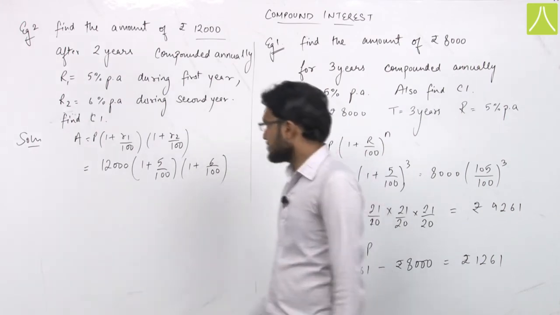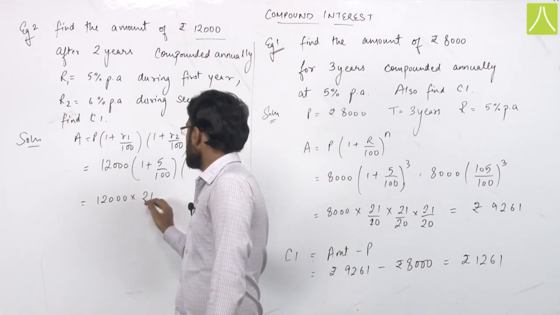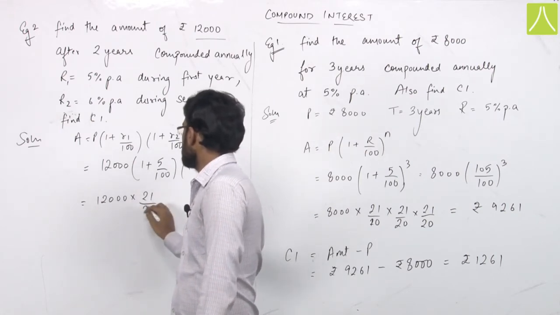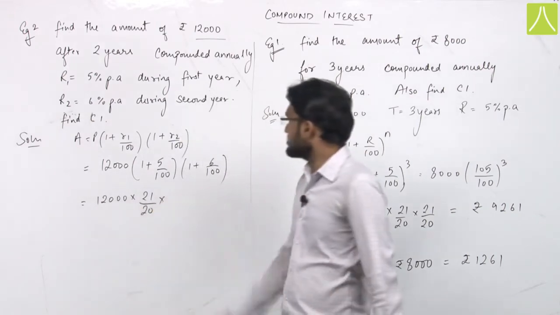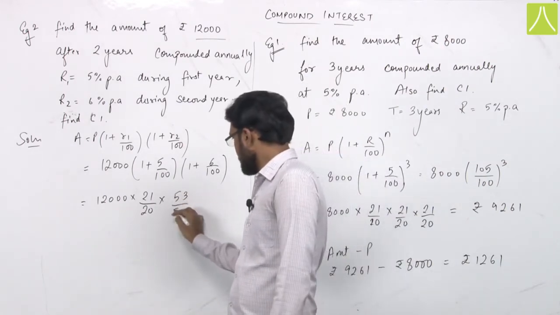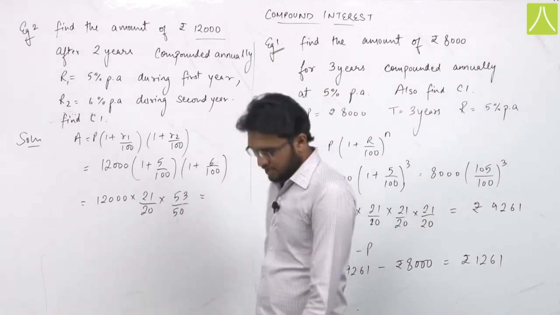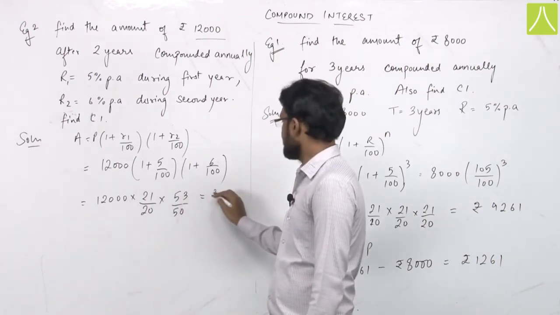Now solving this equation, we calculate 12,000 into 105 upon 100, that is 21 upon 20, and here it is 106 upon 100, which is equal to 53 upon 50. Solving this, we calculate the amount, that is equal to rupees 13356.